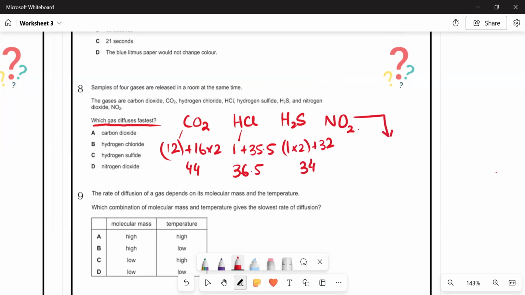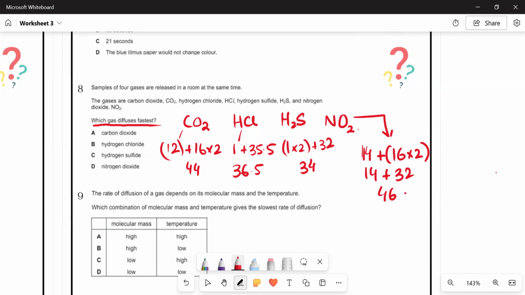As for nitrogen dioxide, nitrogen is 14 plus oxygen 16 into 2, which is 14 plus 32, making the mass 46. So which gas will diffuse the fastest?